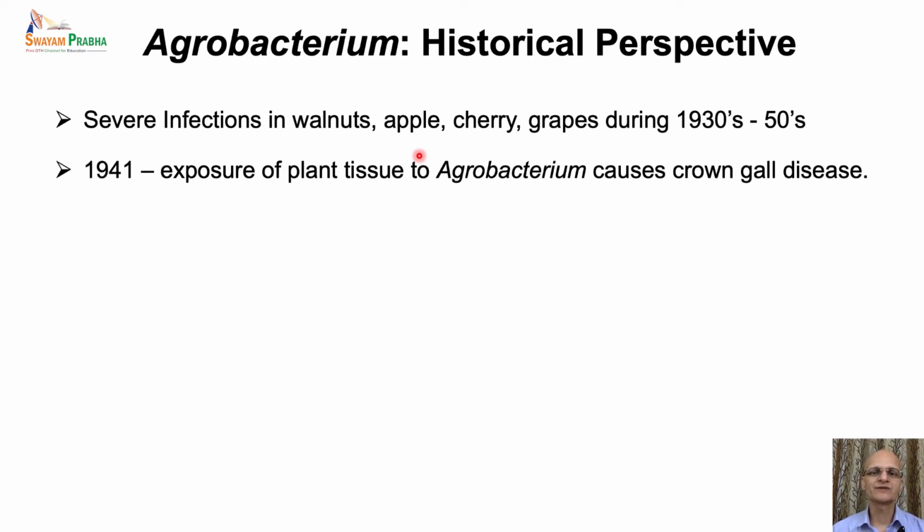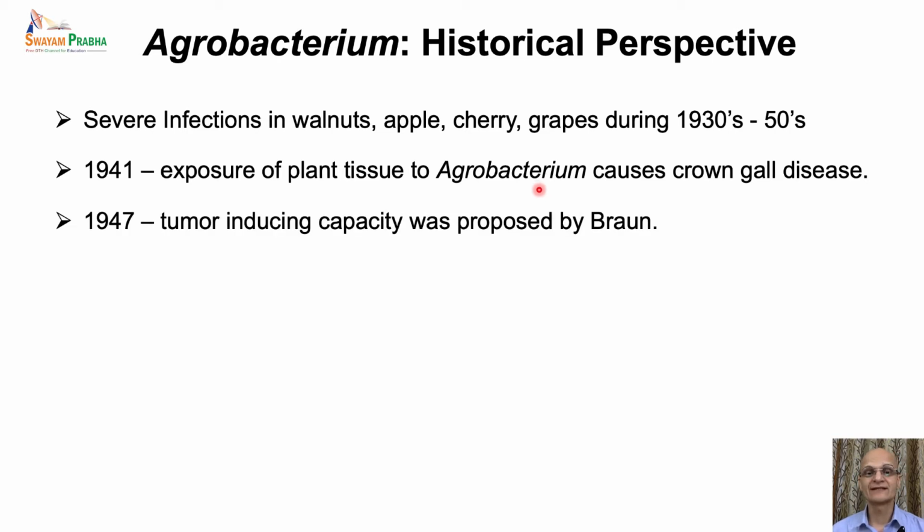Soon it was identified that this disease is caused by a bacterial pathogen, and it was named Agrobacterium tumefaciens. During the late 1930s and 40s, several developments were reported about the biology of the disease. By 1941, it was well established that exposure of the plant tissue to Agrobacterium causes the crown gall disease.